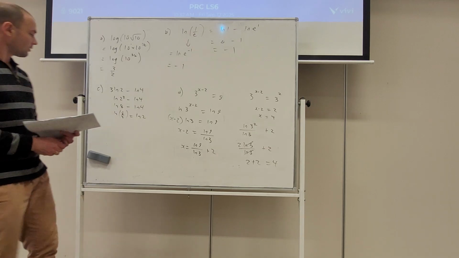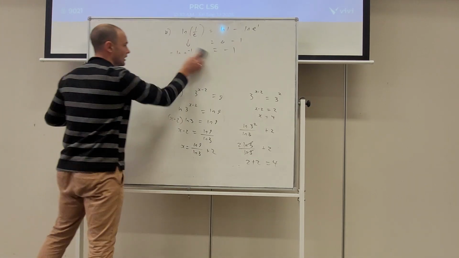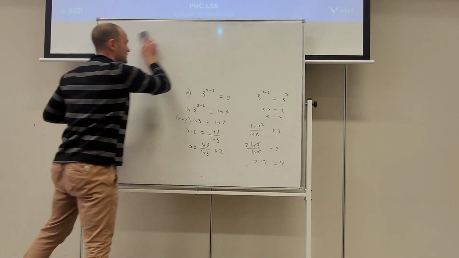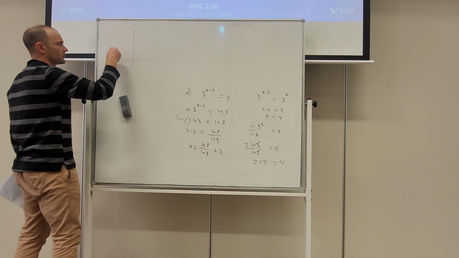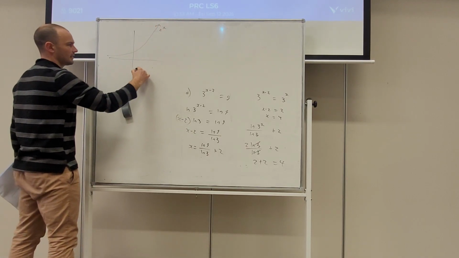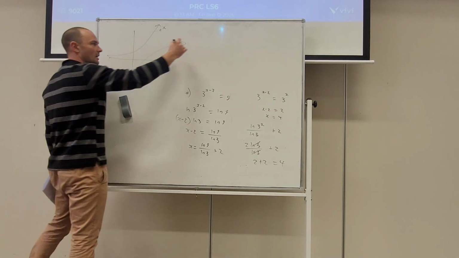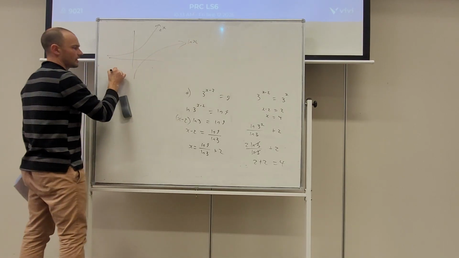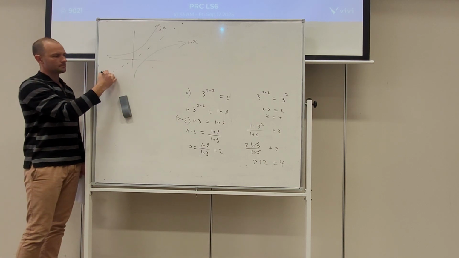Now, just by way of recap of 1a and 1c, when we're talking about exponential functions, we have the function e to the x, which looks like this, and we have the function ln of x, which looks like this. They are the inverse of one another, okay? So that means they're mirrored about the line y equals x.